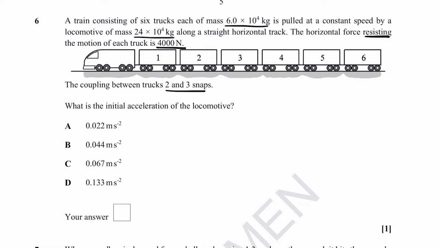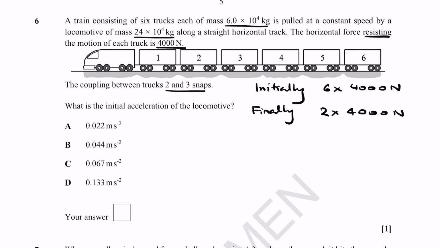So initially, there are 6 trucks, and they all have a resistance of 4,000 newtons. So 6 times 4,000 is the overall resistive force. Now that the coupling has broken, after breaking, we know that there are only 2 trucks left with, therefore, an overall resistive force of 8,000 newtons.